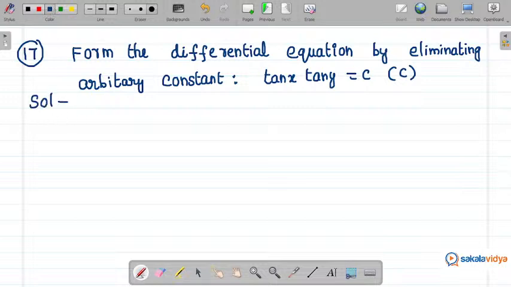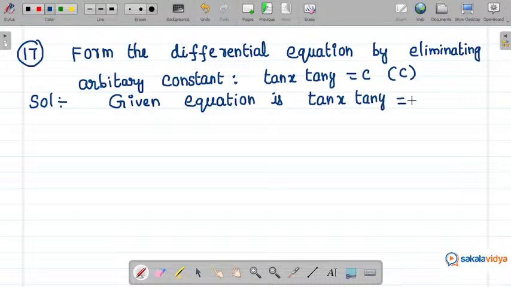So differentiate both sides with respect to x, so that we get the differential equation directly. So what is the given equation? The given equation is tan x into tan y equals c, which is an arbitrary constant.